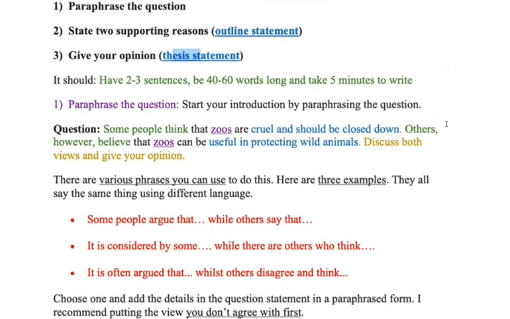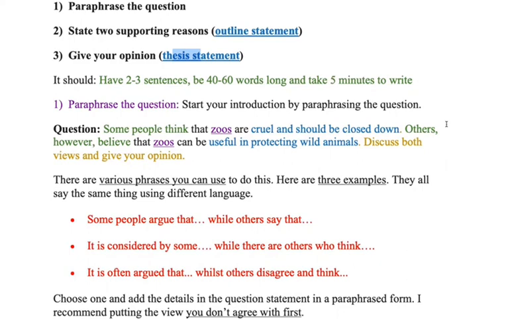Here are 3 examples. They all say the same thing using different language. You might start your essay by saying, some people argue that, and then say view A, and then say while.